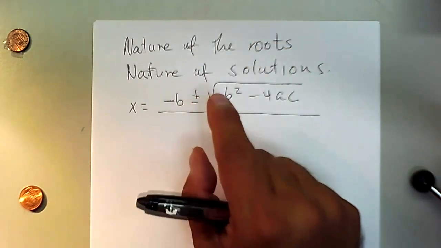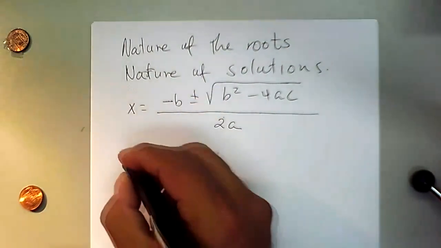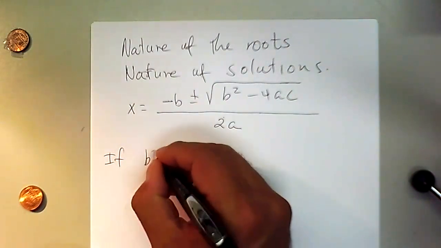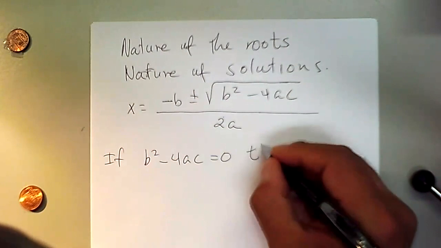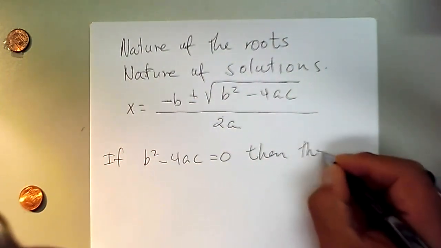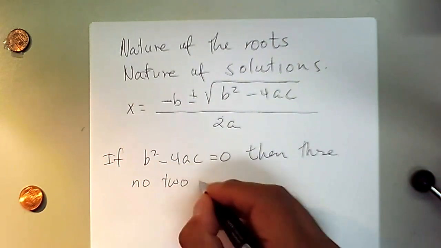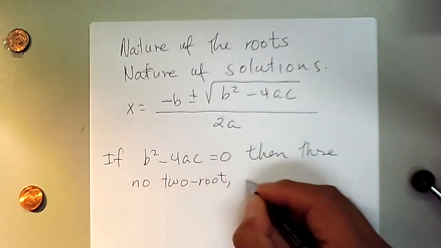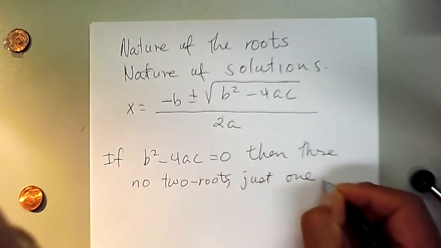In that case, we call it repeated root. So if b squared minus 4ac equals 0, then there are no two roots, just one.